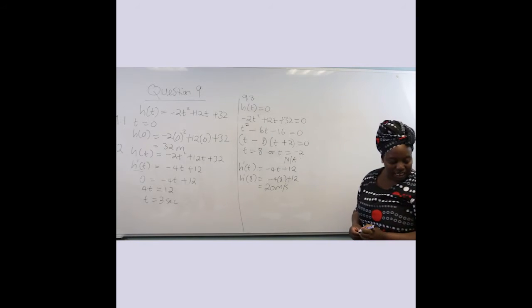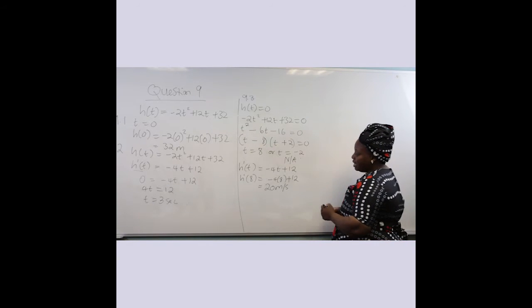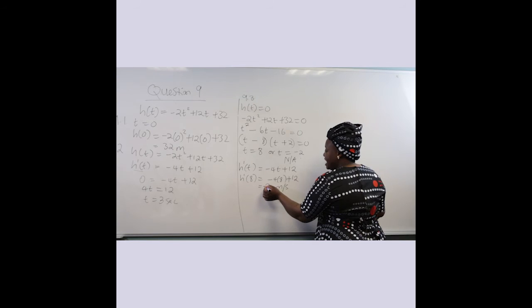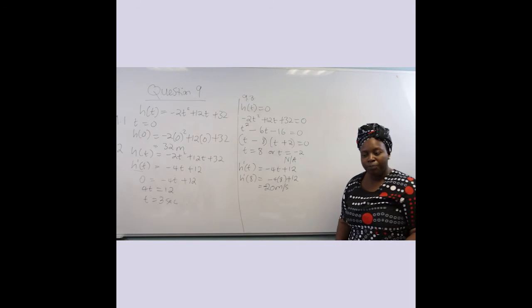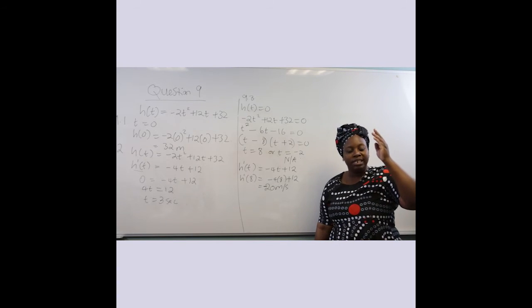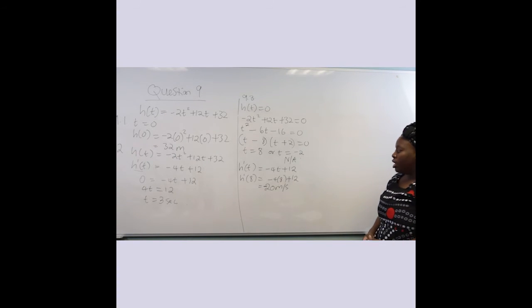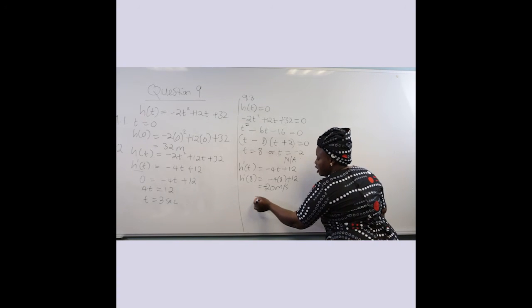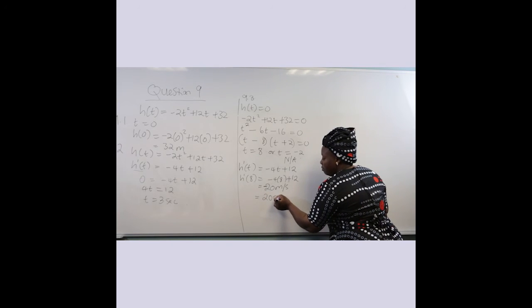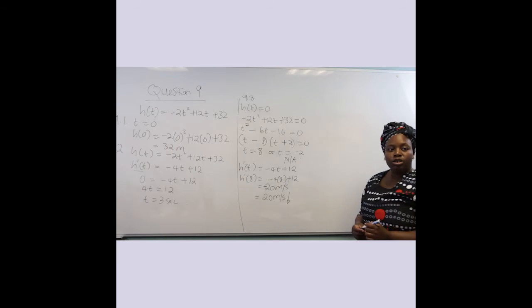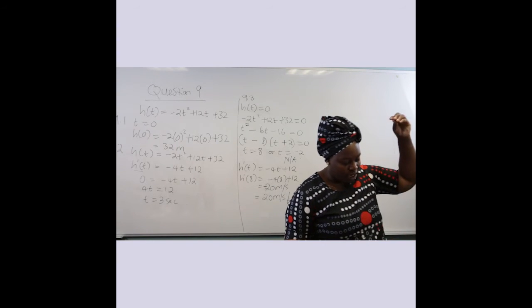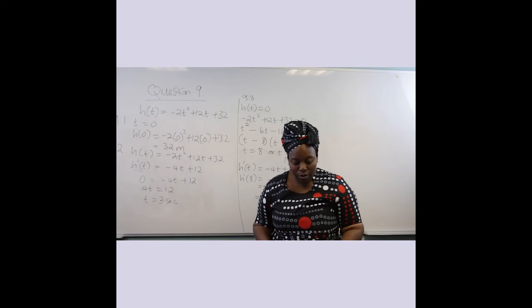That is the speed. But this 20 meters per second is negative. And now, negative means a direction. When we go up, we go positively. We go down, we go negatively. So because this is a speed, we can write it as 20 meters per second downwards. So that is the stone going down. And you have found your 10 marks.